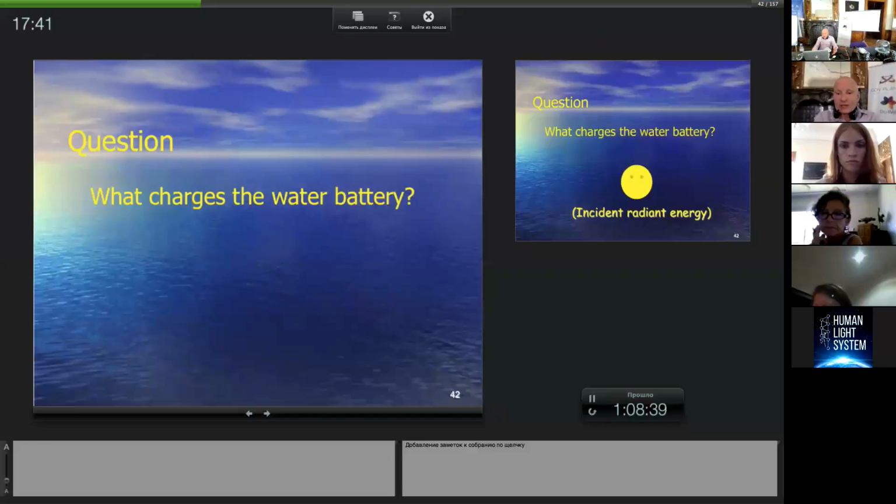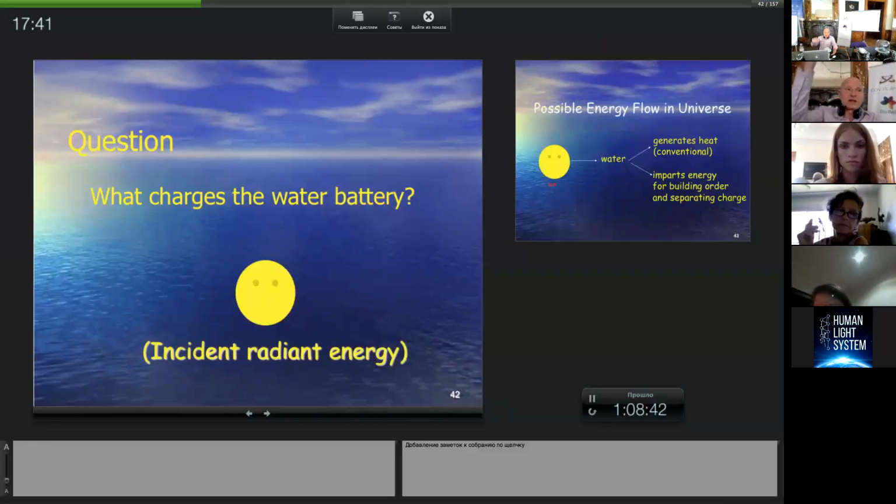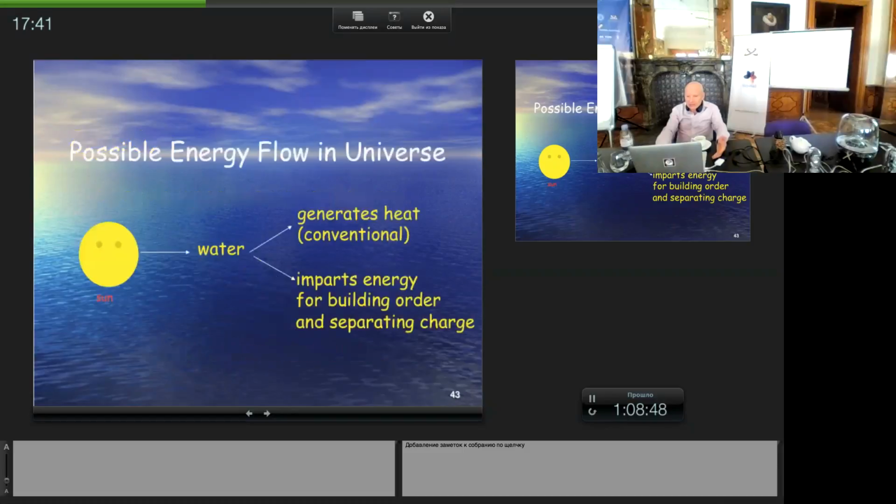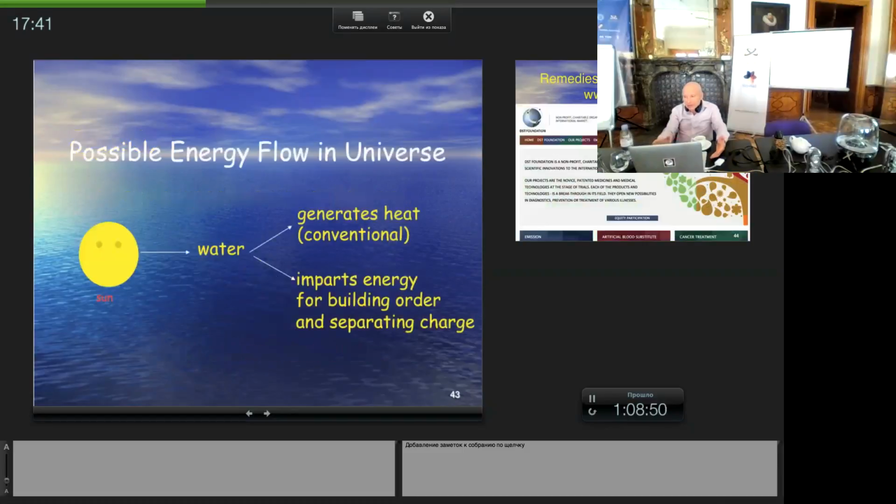And what charges this battery? Of course, it's the sun. The sun creates this separation of charge in water. The sun generates heat, from the conventional point of view, but very important is that the sun generates order in water.